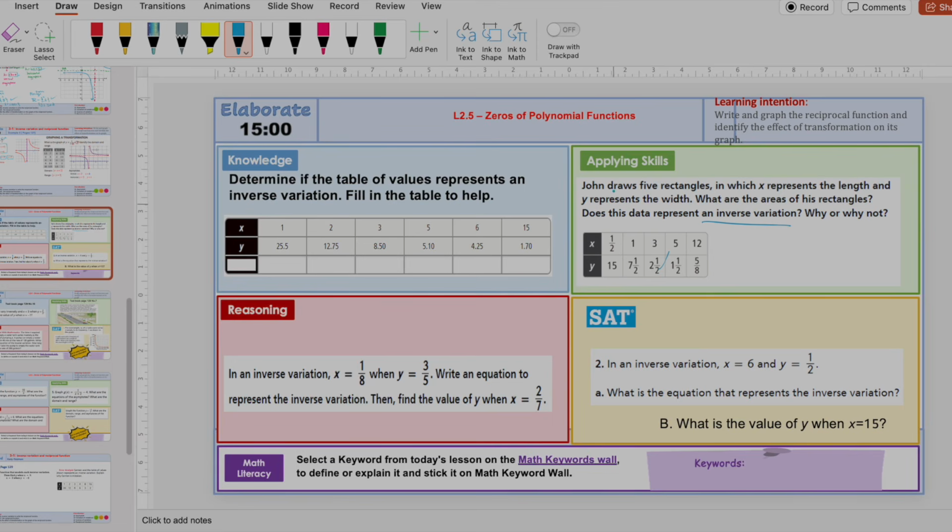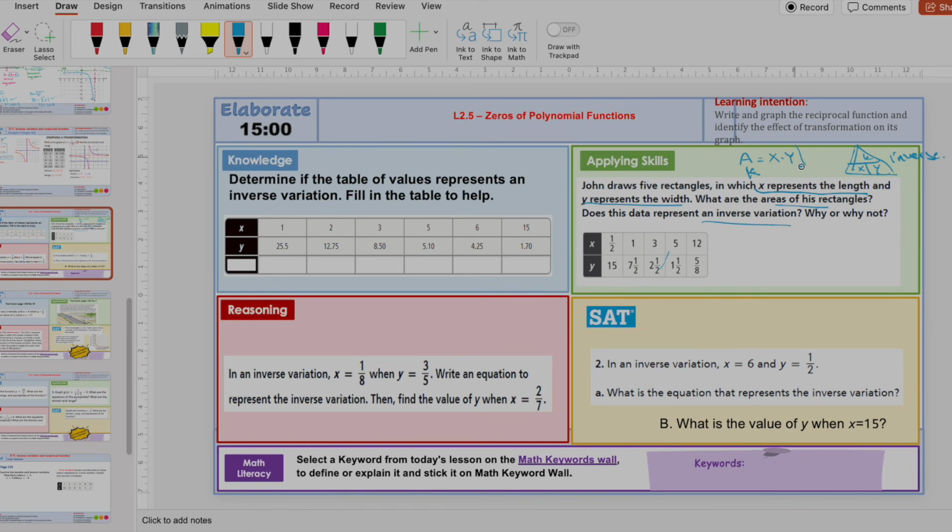They said that they draw 5 rectangles and x represents the length, y represents the width. To find the area, any area is basically length times width, so x times y. Then they said that basically I can say that the area is k here, right? Because k equals x times y. This is an inverse relationship.